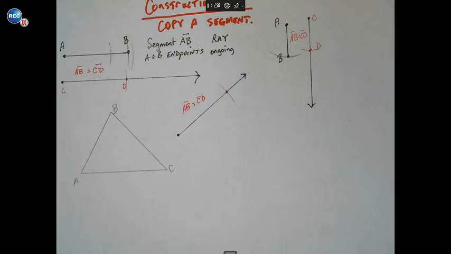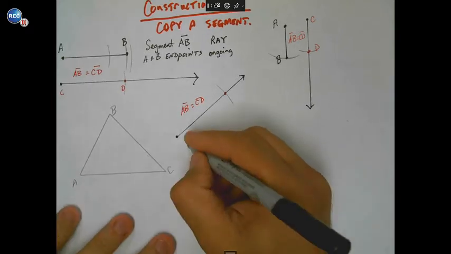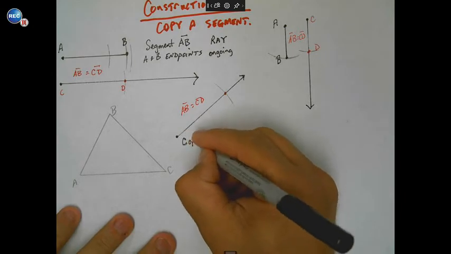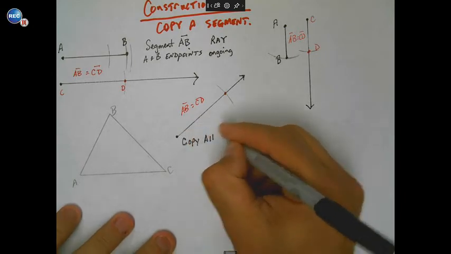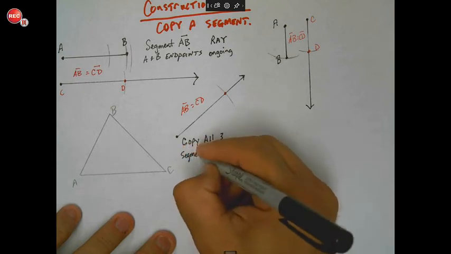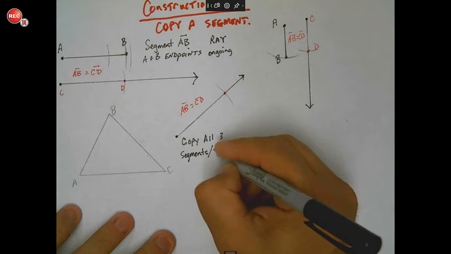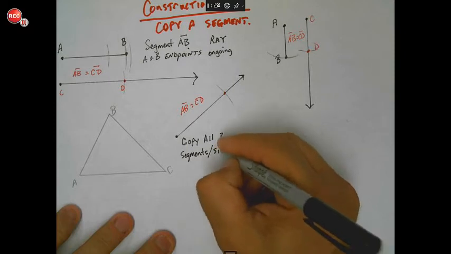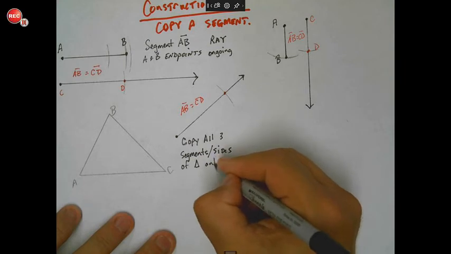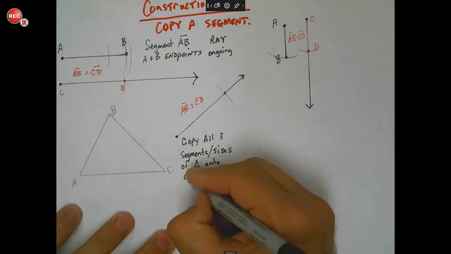Okay, now what I'm going to do, here's my directions. I'm going to copy all three segments, or in this case, sides of the triangle, onto a ray.